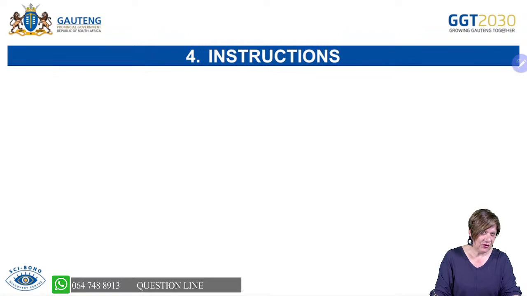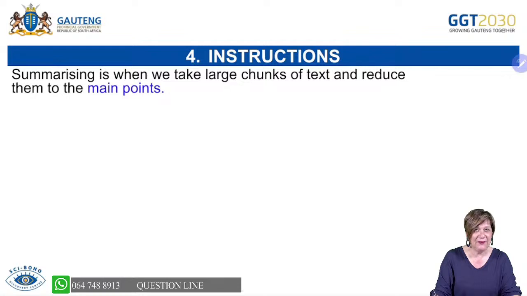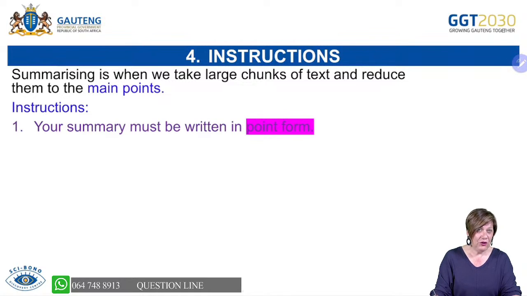So let's look at the instructions. Now, you have to read the instructions very carefully. The main aim of your summary is to take a large chunk of text, the article, and to reduce it to the main ideas. Now, please remember, your summary must be written in point form.